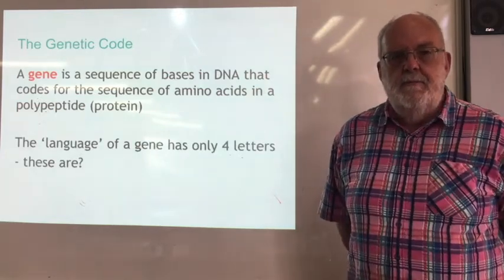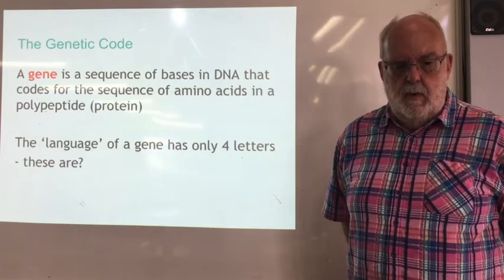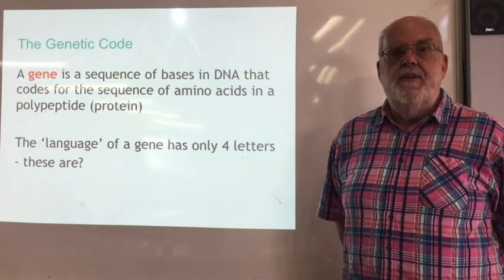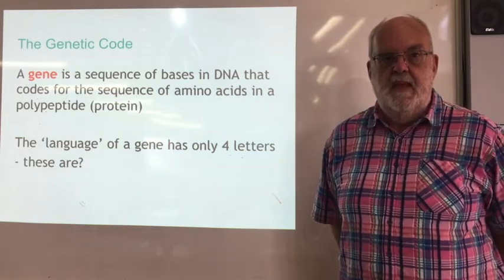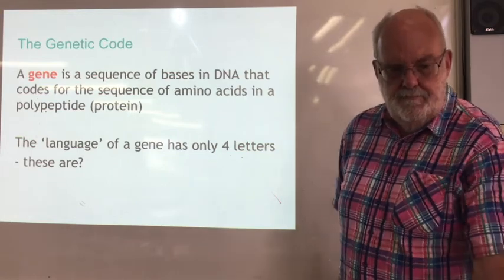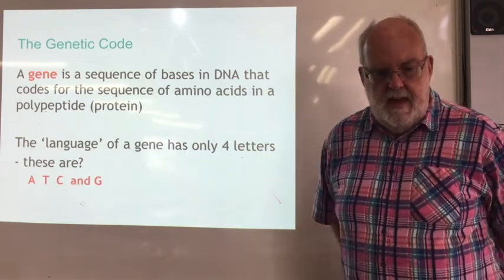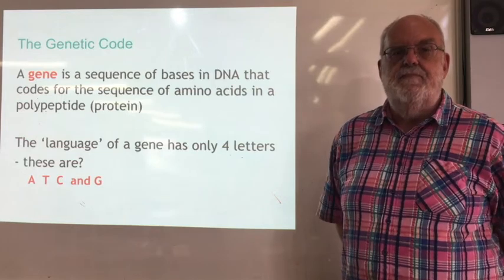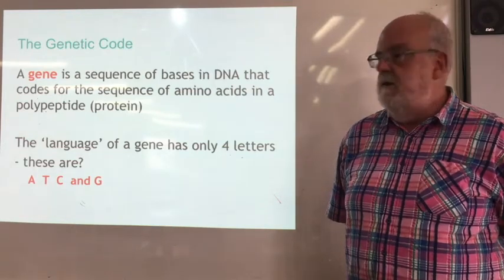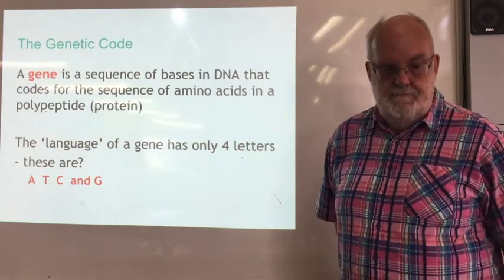As you will remember from the previous lesson, what we might call the language of a gene has 4 letters representing the 4 bases. And remind yourselves what they are: A, T, C, and G, which represent the 4 bases: adenine, thymine, cytosine, and guanine.